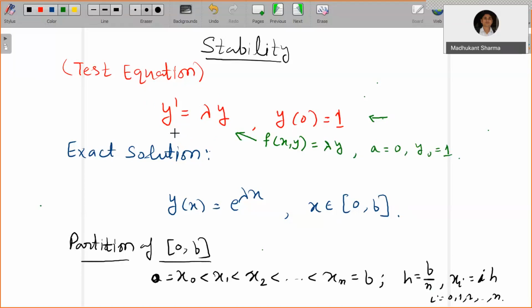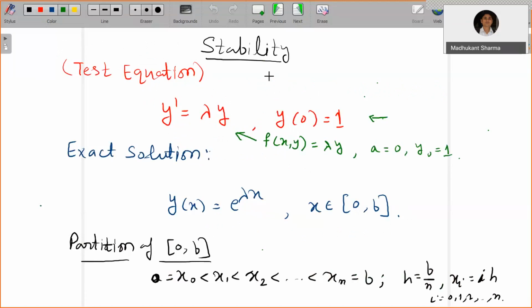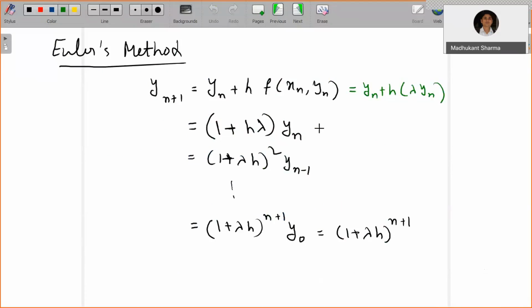Here, Euler's method is going to be yn plus 1 equals yn plus h times f of x, y. We just derived that f of x, y is nothing but lambda times y, so with the second argument it is lambda times yn.